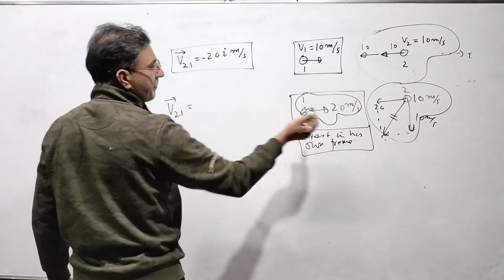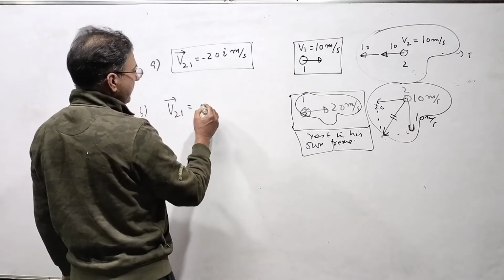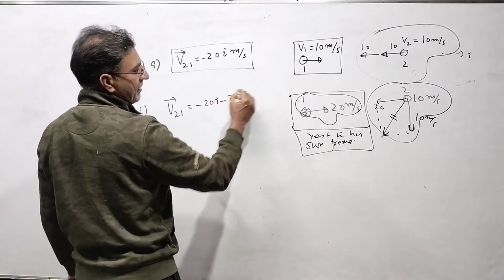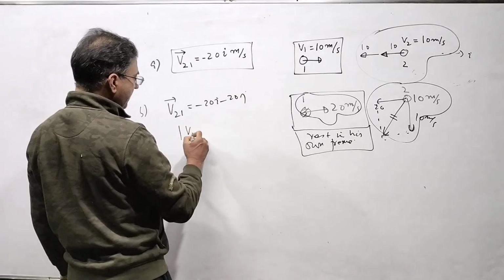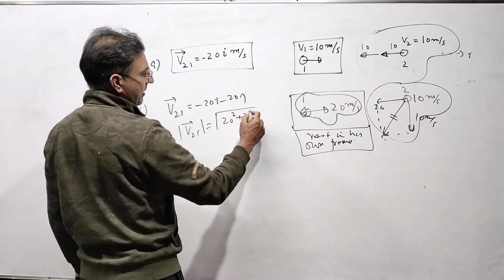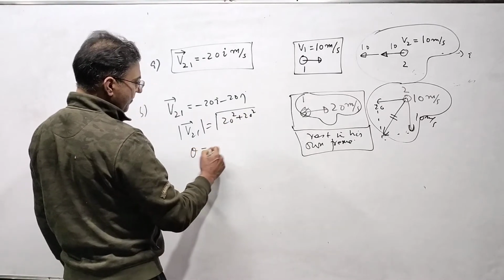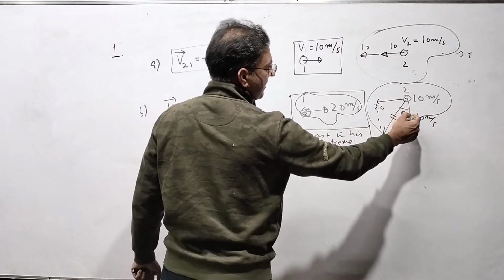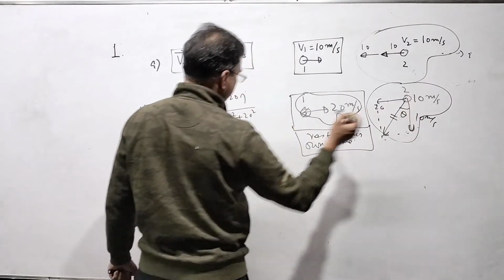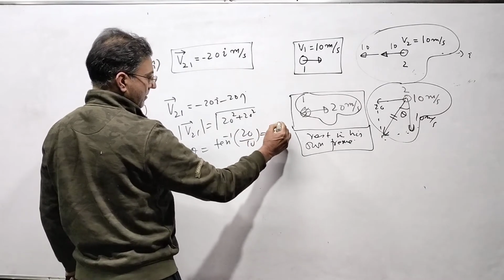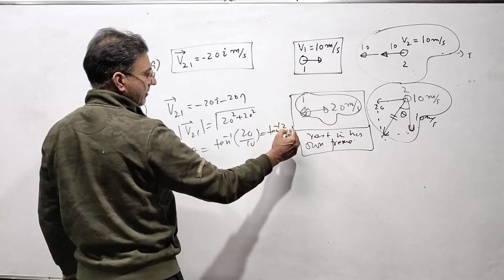If you write it in vector form, that is minus 20i minus 20j. If you want the magnitude, you write root of 20 square plus 20 square. If you want to find theta, the direction, that is tan inverse of 20 by 10, that is tan inverse 2.